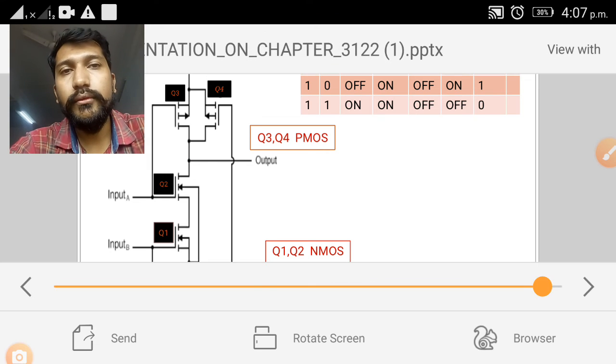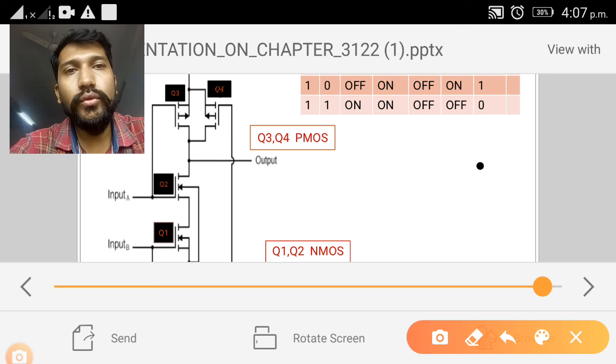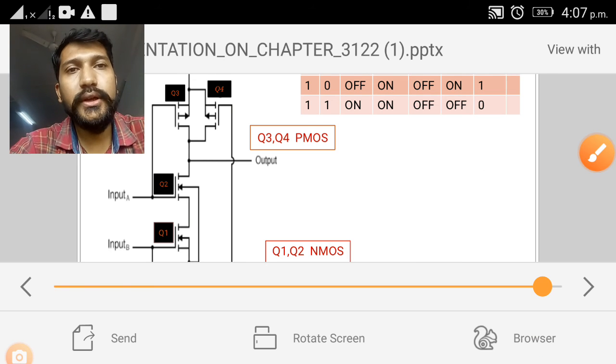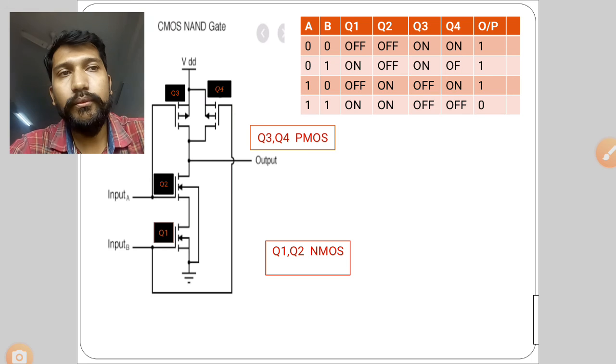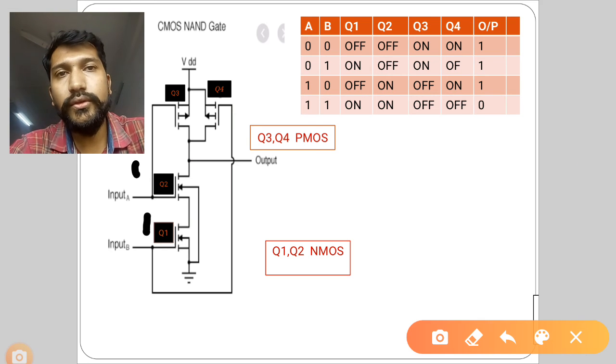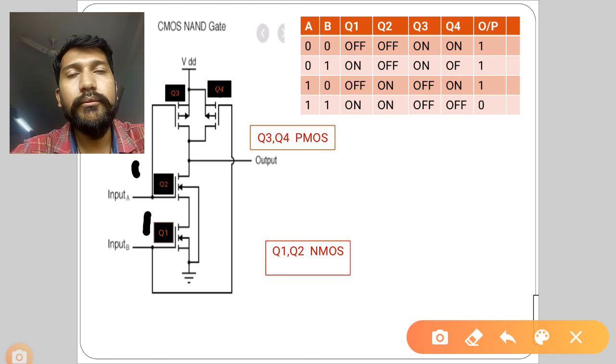Q2 and Q1 are both NMOS, so both will become on, because an NMOS becomes on when it gets 1. Q3 and Q4 get 1 and 1, but they are PMOS, and for operation a PMOS should have 0 as input.